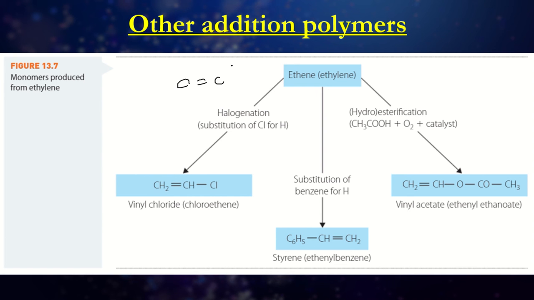So the structure of ethene is like so. What we're trying to do with these ones is replace a hydrogen with a different functional group. With vinyl chloride, we replace this with chlorine. With styrene, we can replace it with a benzene group instead. So it will look sort of like that attached to the double bond.